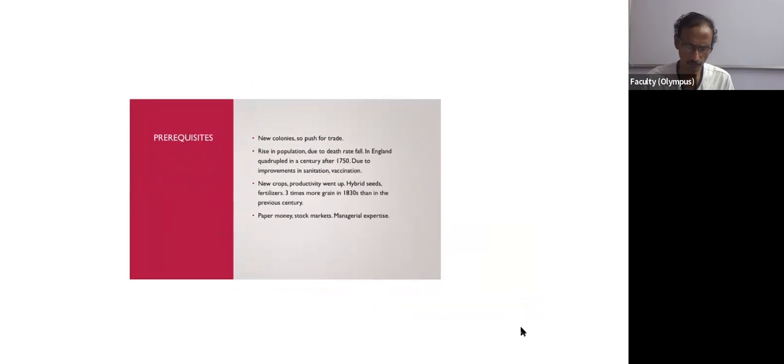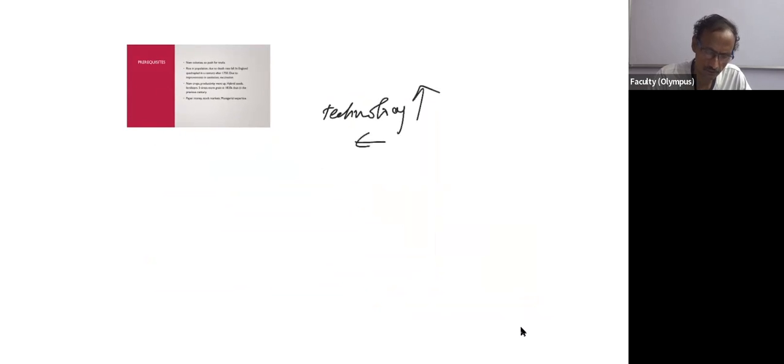What are the prerequisites for the industrial revolution? Prerequisites mean huge advances in technology, which meant science advance, and also advancement in agriculture.